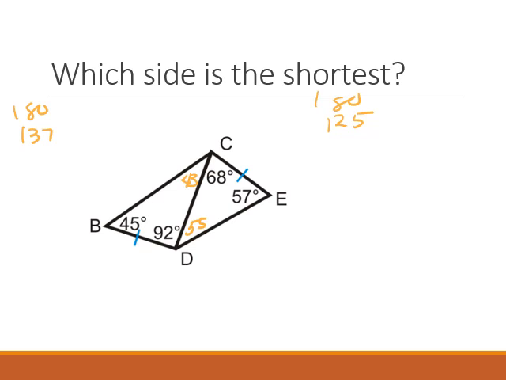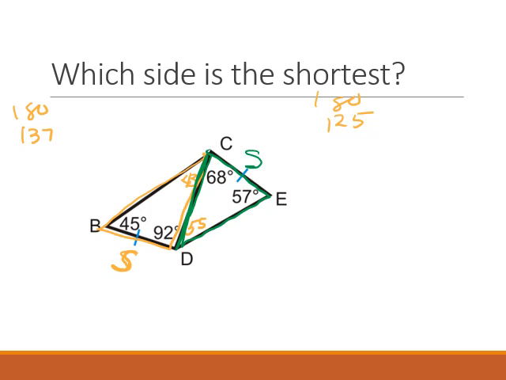I know that in this triangle here, this is going to be my shortest side. And in this triangle here, this will be my shortest side. And those are actually congruent.